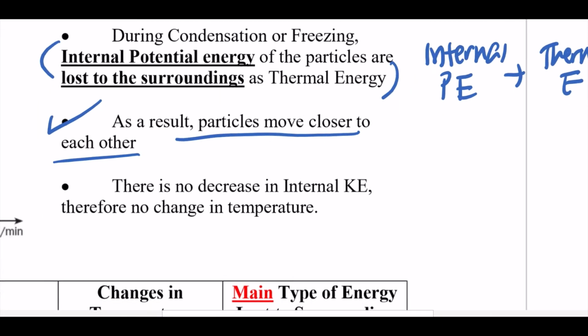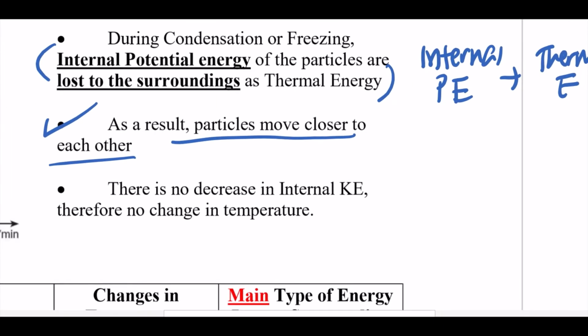Because the substance is losing internal PE but not internal KE, there is no decrease in internal KE, so the temperature does not change.